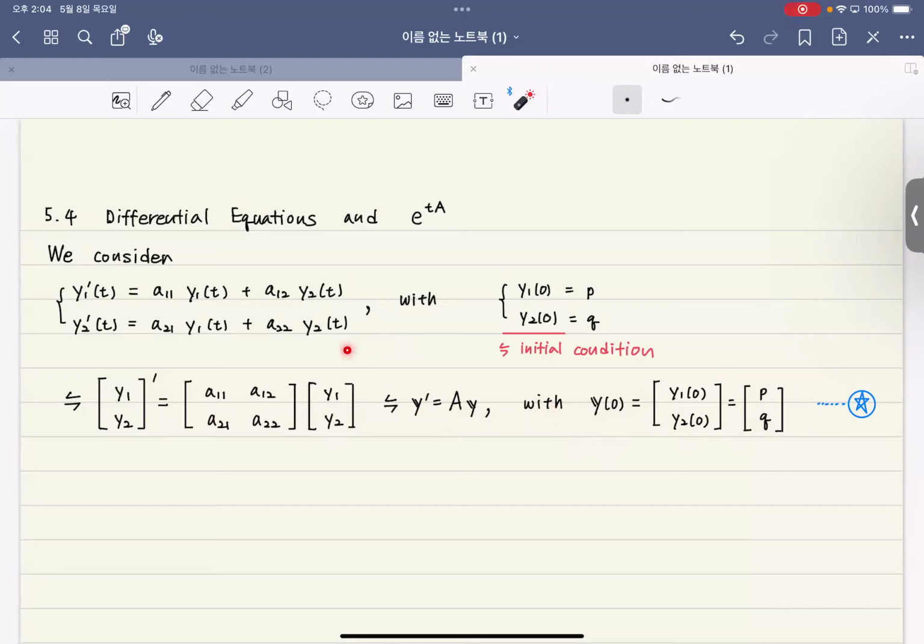The initial value problem is a special type of differential equation accompanied by an initial condition, and I'm going to call it my star.